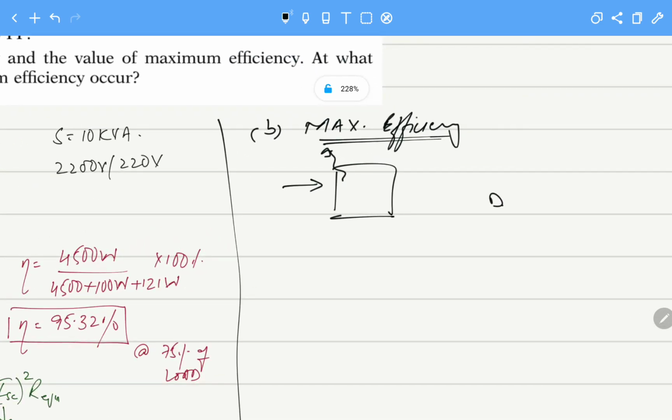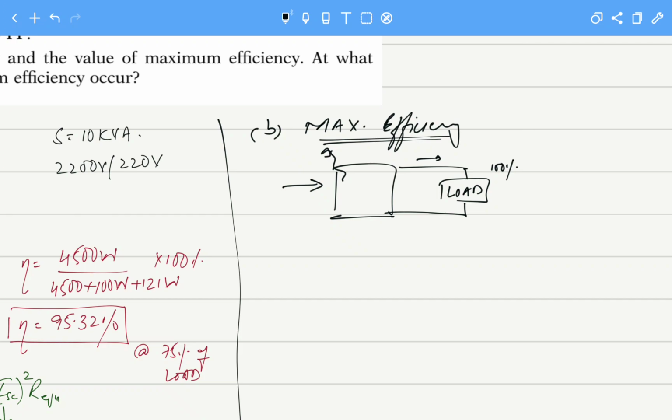You might imagine that the transformer should give us maximum efficiency at 100% of the load. They have designed it so it should give maximum efficiency, but that is not true, because there is a certain condition.